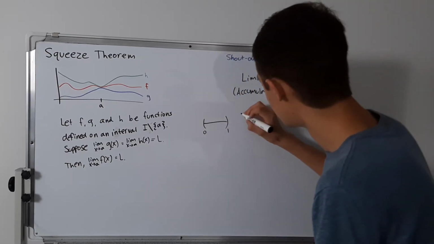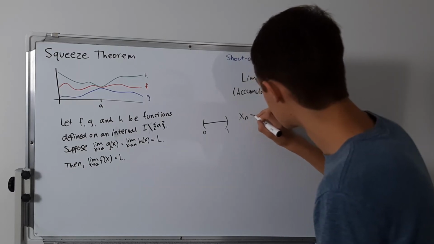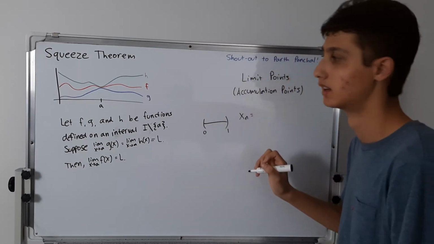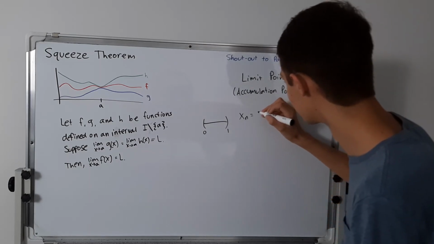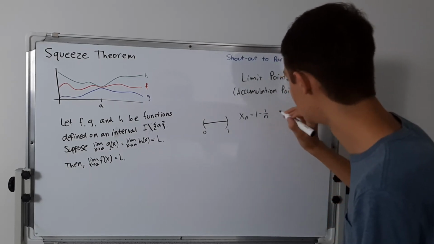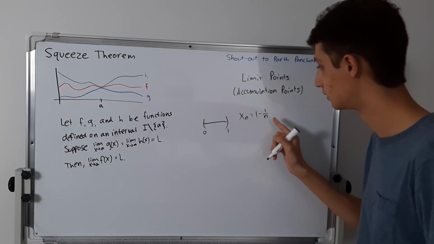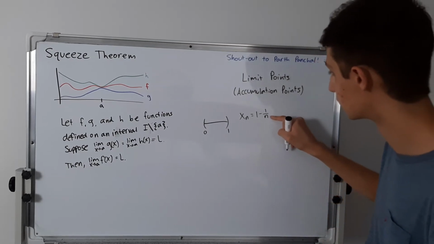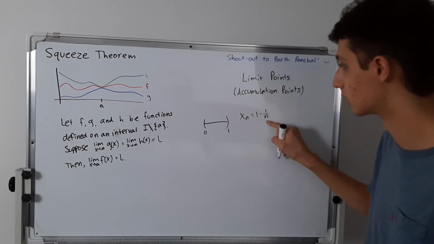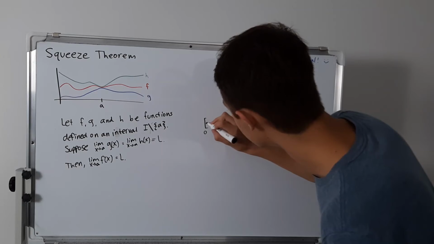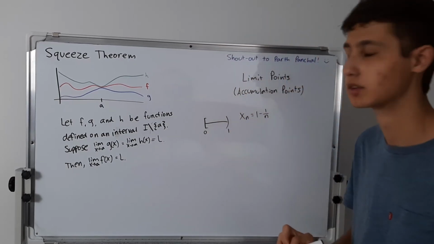Then let's say we have x sub n equals 1 minus 1 over n. If n is equal to 1, we have 1 minus 1 over 1, so 1 minus 1 is 0. So actually this does have to be closed on the left, so now we have a half open interval.